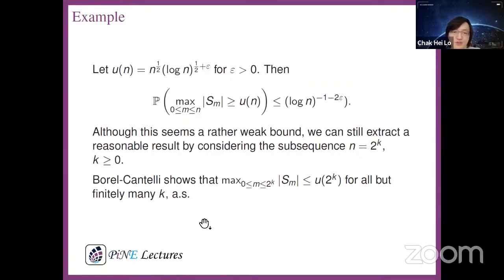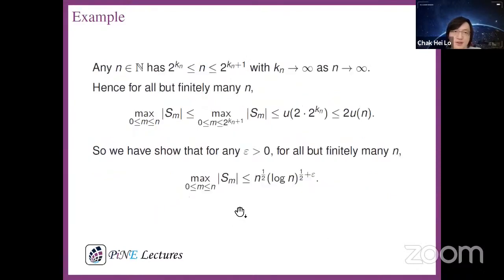So for all but finitely many k, and any n in N, we can always find a kn, a power of 2, and another power of 2 one more power up, bounded in between n. So for all but finitely many n, we have this condition.